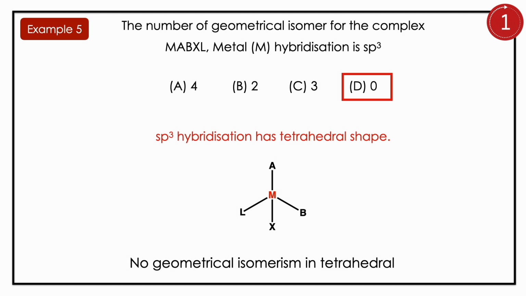As we know, tetrahedral compounds don't have any geometrical isomerism but have stereoisomerism. The question is about geometrical isomerism, so we don't have any isomers. Even if you rotate it, you end up with the same compound. All four different ligands give the same compound. So the number of isomers for a tetrahedral compound is 0. The concept we have to learn here is that tetrahedral compounds have no geometrical isomers but have stereoisomers.